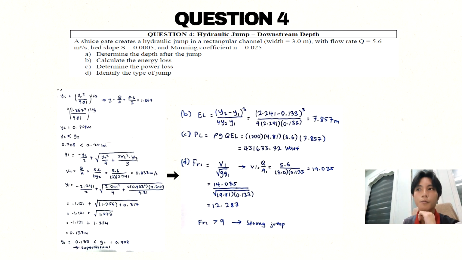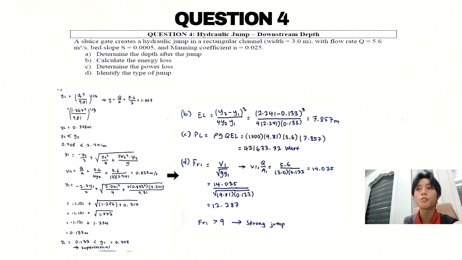So the formula for power loss is the density times gravity times Q times energy loss. So putting all the amounts that we have calculated, we will have the final answer, which is 431,633.72 watts.